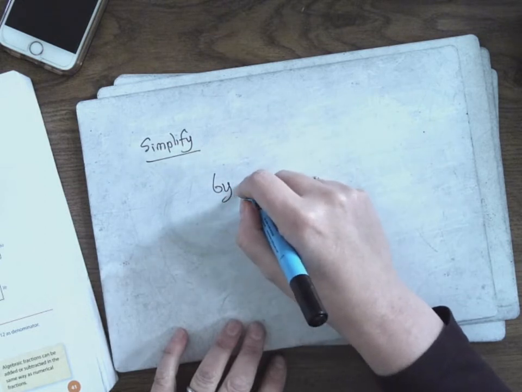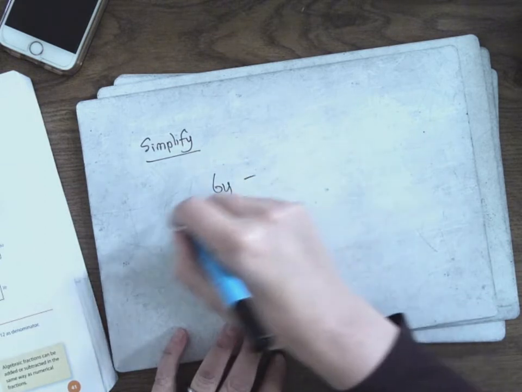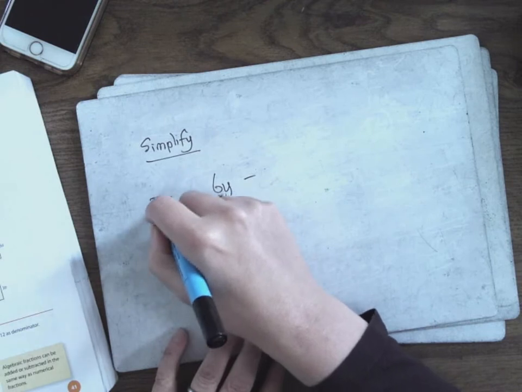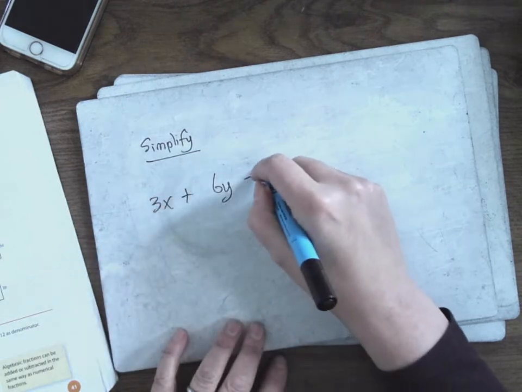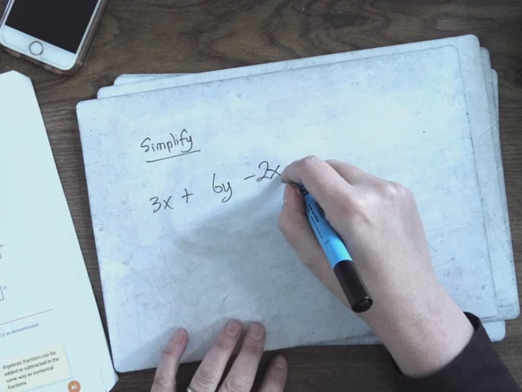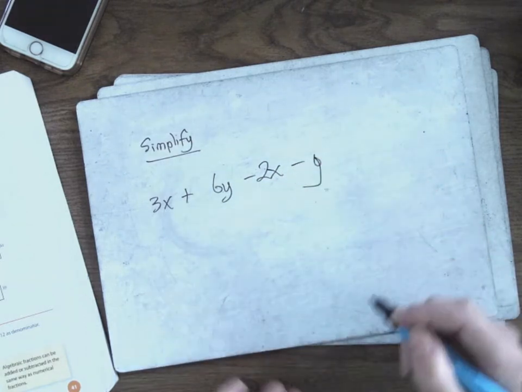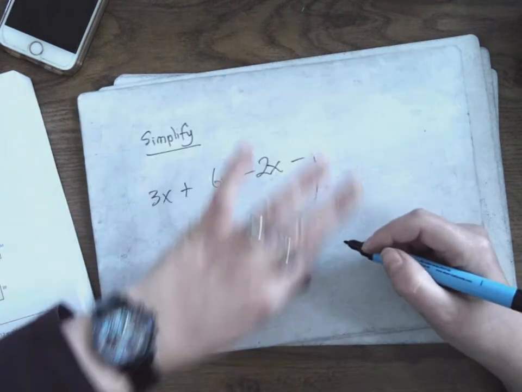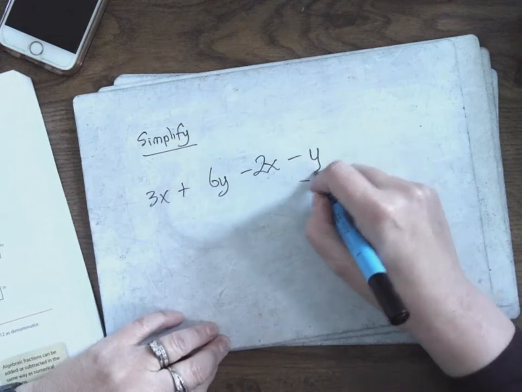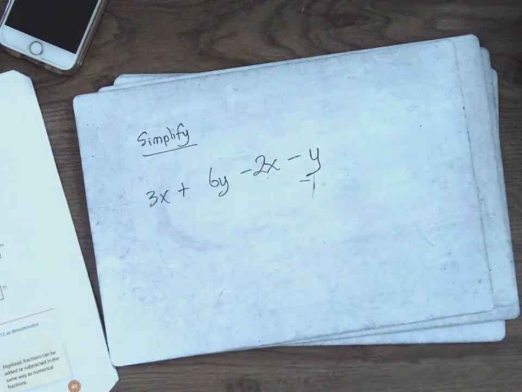Question 7. Simplify. That's a y. Looks like a g. Right, simplify. That means add or subtract like terms. So this is in your homework copy.